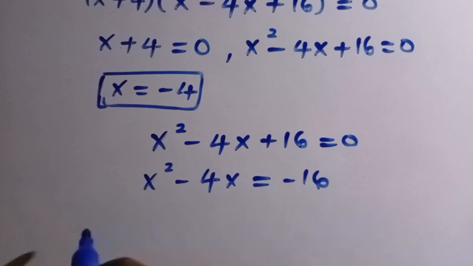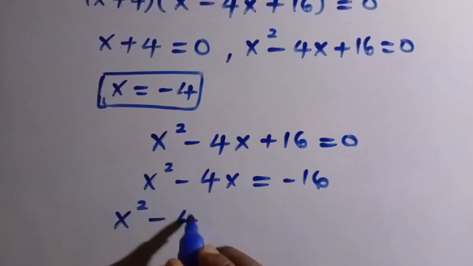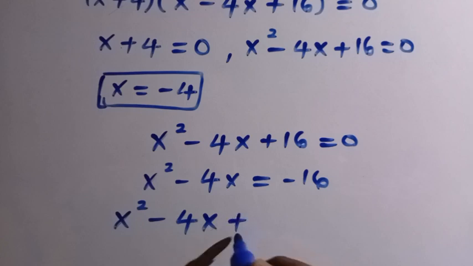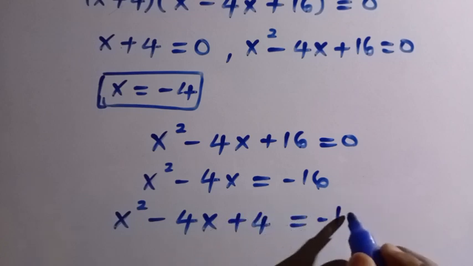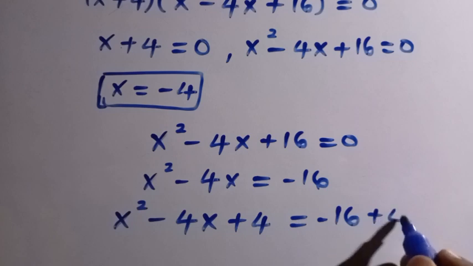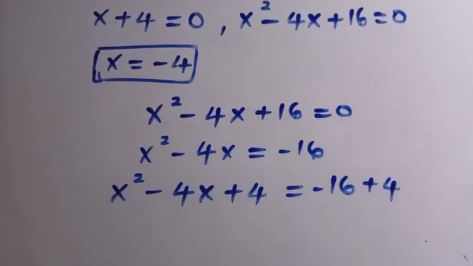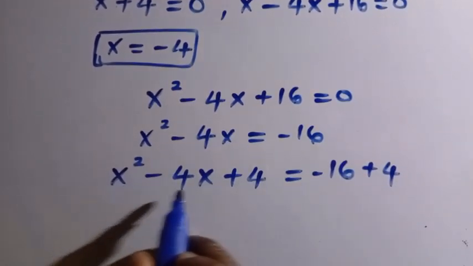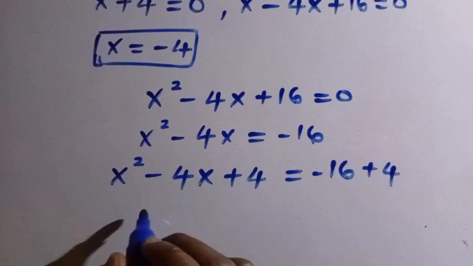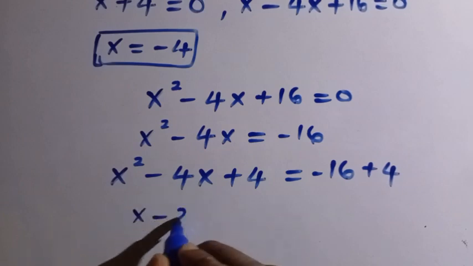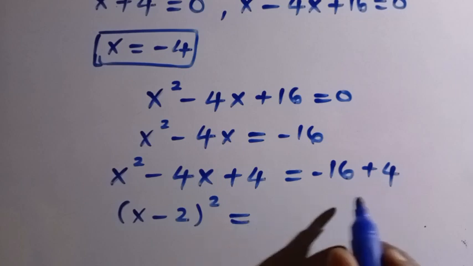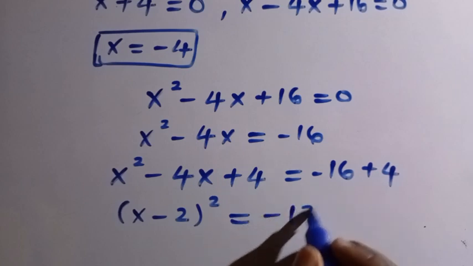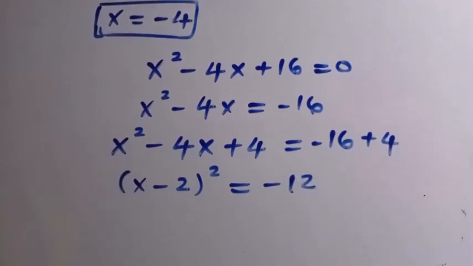So let's add 4 to both sides. We have x squared minus 4x plus 4 equals minus 16 plus 4. And x squared minus 4x plus 4, the whole of this, is given as (x minus 2) raised to power 2 equals minus 16 plus 4, that is minus 12.